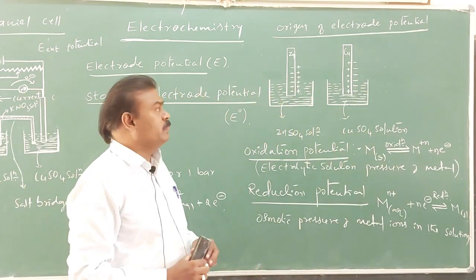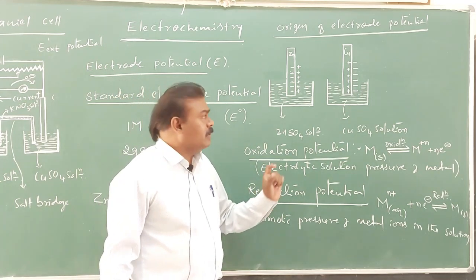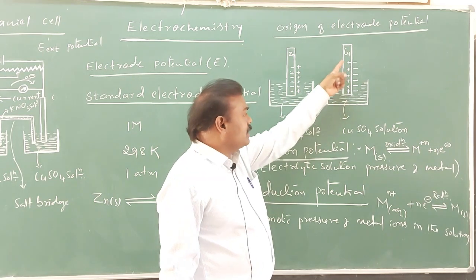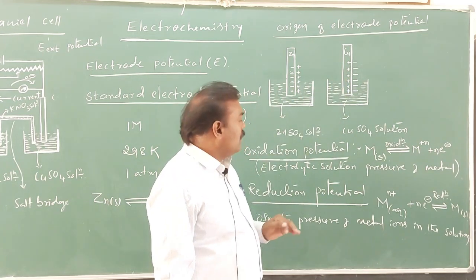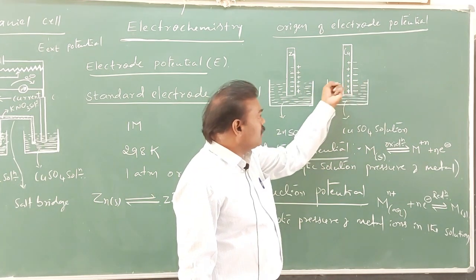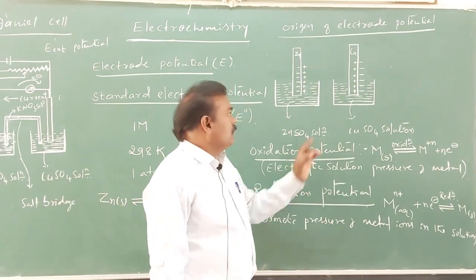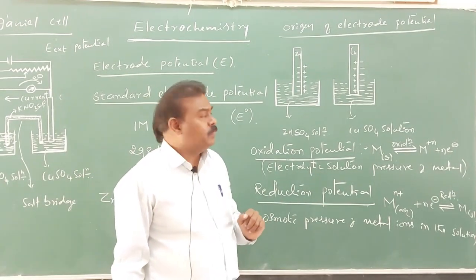That will be developed. In the case of the copper electrode, the positive charges accumulate on the surface of the electrode, and then the negative ions of the solution are attracted by these positive ions. This is also an electrical double layer.